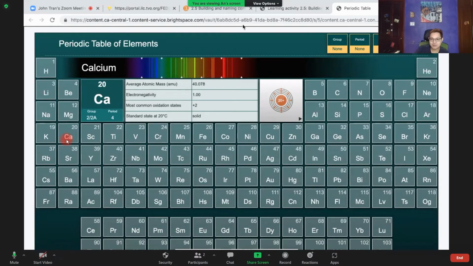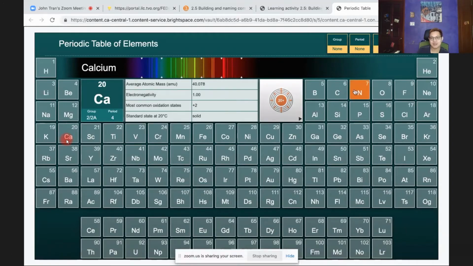Okay, let's try again with another one. Let's say nitrogen. Which group does it belong to? It belongs to 5A, isn't it? Let's say group 5, so it has 5 electrons in its outermost shell. So is it easier to gain 3 or to lose 5? Look at the name of the group.